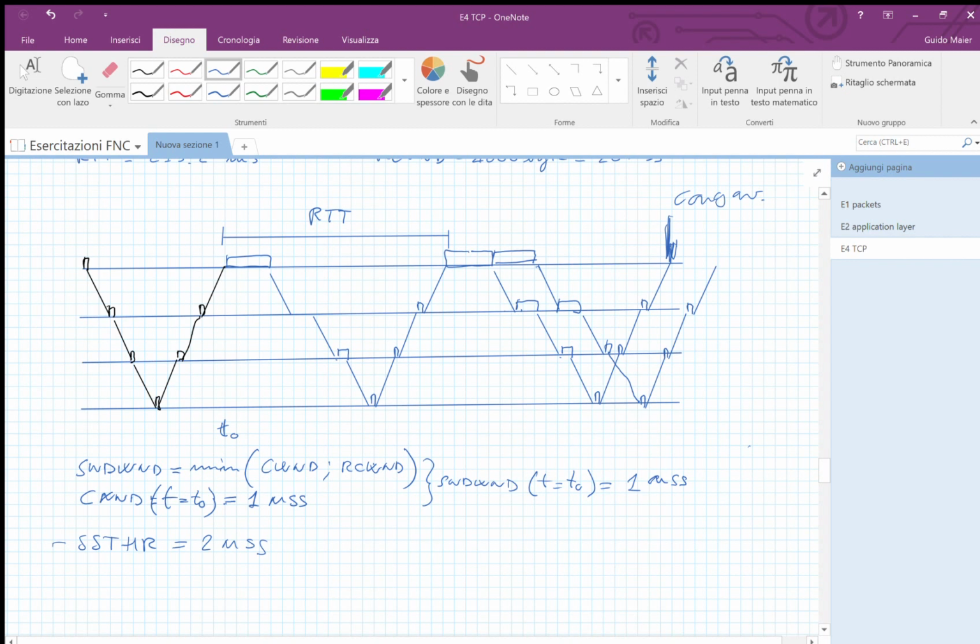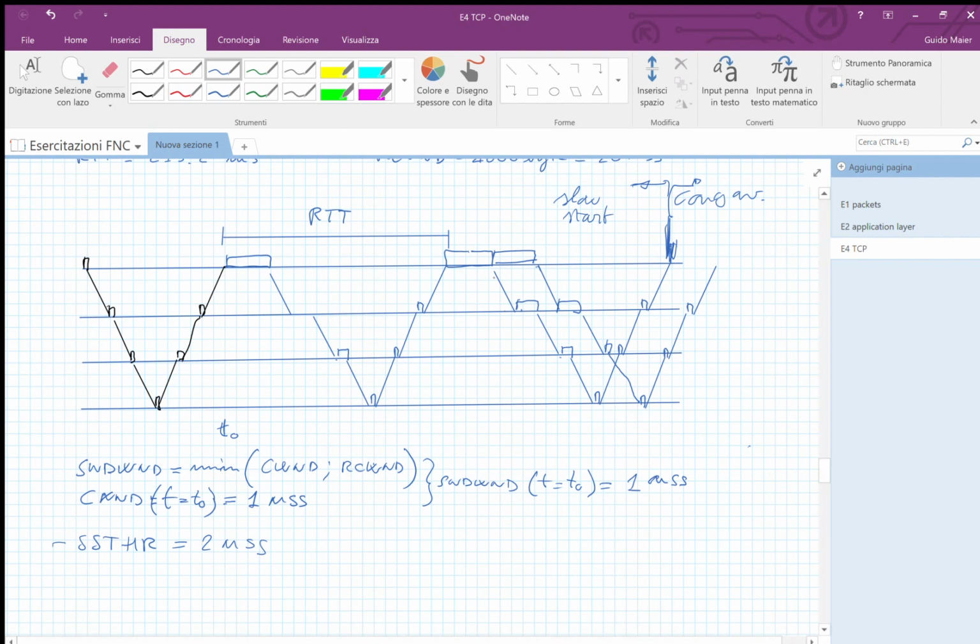Okay. So this is congestion avoidance. So far it has been slow start. In the congestion avoidance phase, we have to increase the size of the window by just 1 divided by W for each ACK.